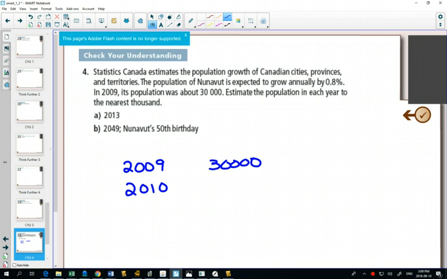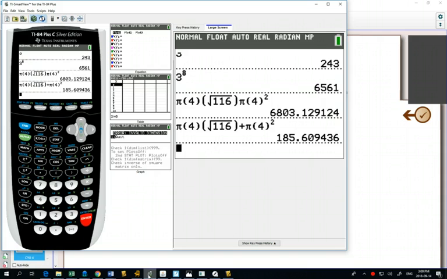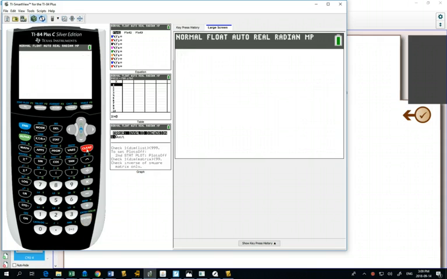How do you figure out using your calculator how to do that? How do we add 0.8% to something? 30,000 times 0.008. So we'll have to change it back to a decimal, right? 0.008, 240.